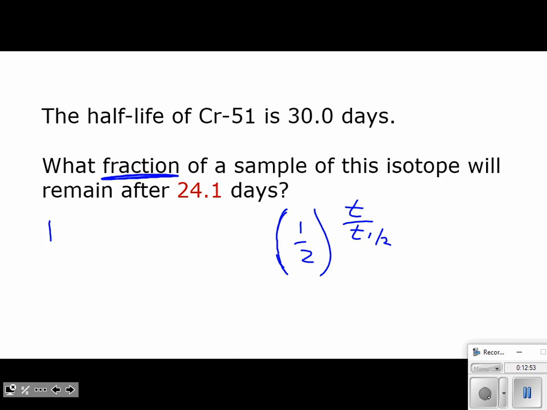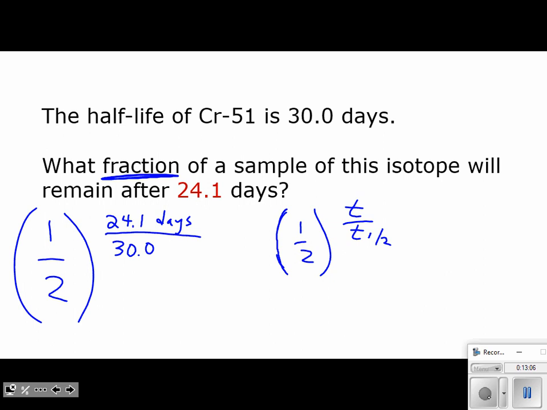Well, there's my 1/2. My t is 24.1 days. My half-life is 30 days.